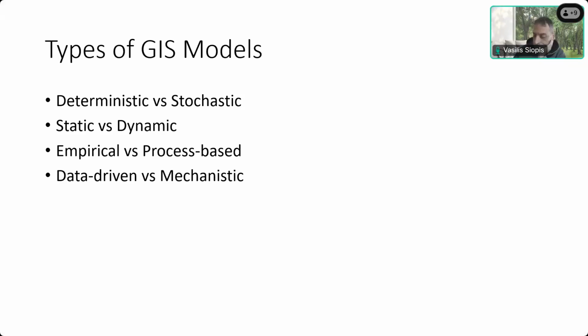Yes. That's why I mentioned that the process-based models can sometimes be mechanistic. I gave an example of coastal erosion, about the process-based, without giving any equation.